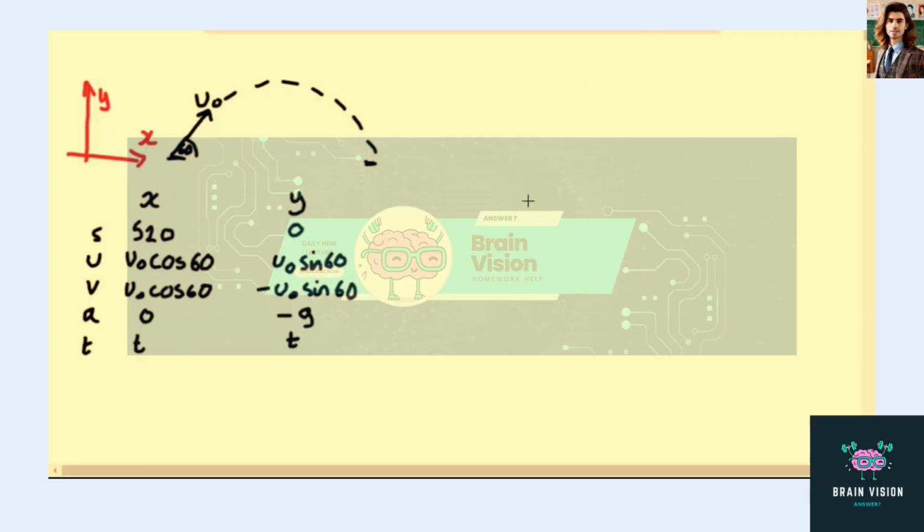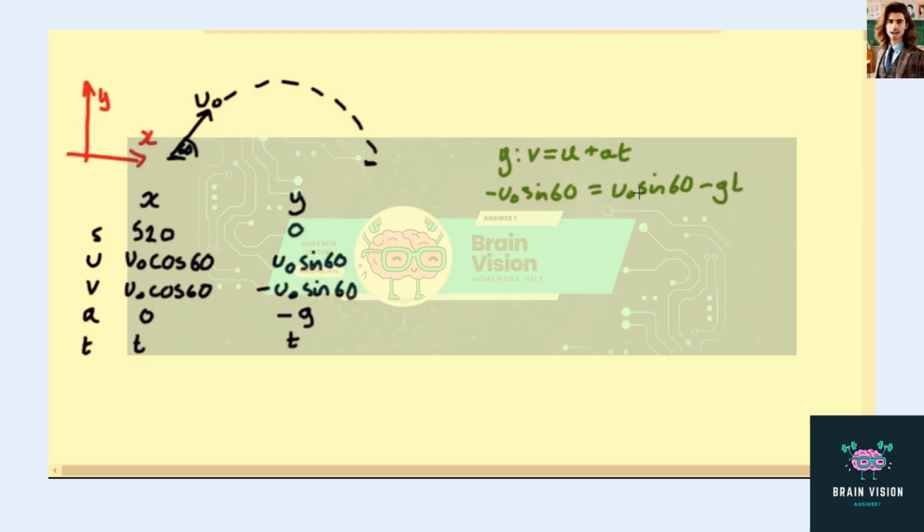So let's see what equations we can get from this. From the vertical direction, our final velocity is equal to our initial velocity plus acceleration multiplied by time. So negative u0 sine 60 is equal to u0 sine 60 plus minus gt, because g is negative.